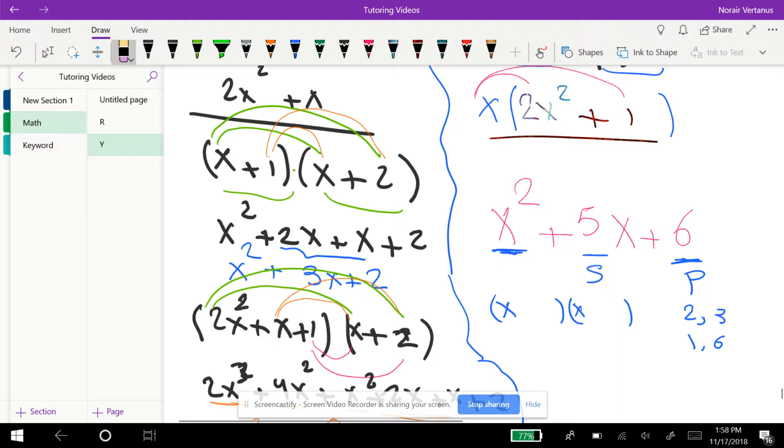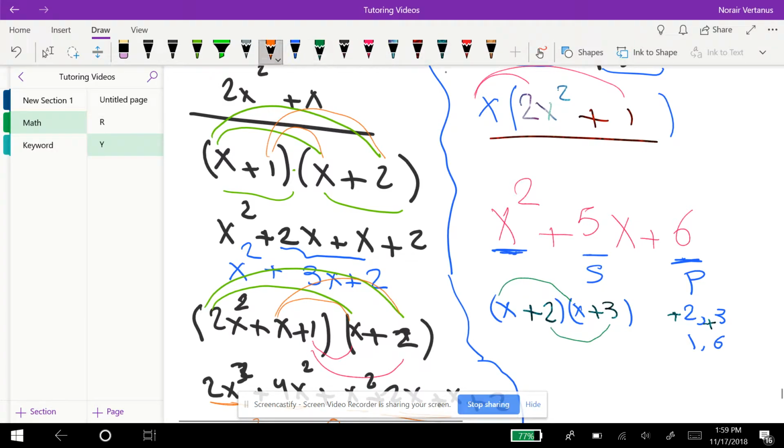You need to consider the sign also, because when it's positive, you get positive 6 when you multiply them, and you add them, you get positive 5. So one of them is positive 2, the other one is positive 3. See, for these two, you set it up like that, x times x is x squared. These two you chose because you listed them, and when you multiply them, you get 6.